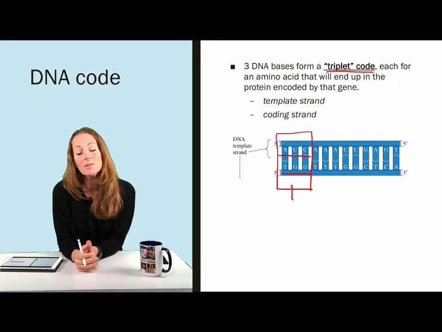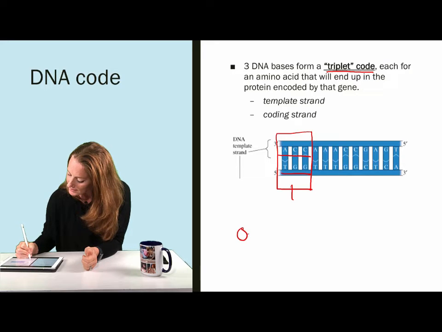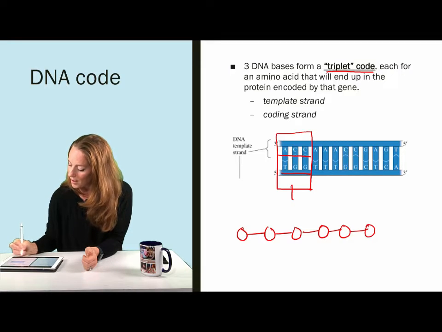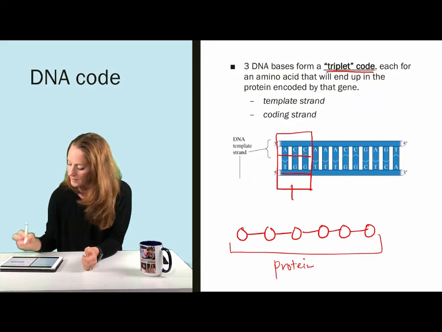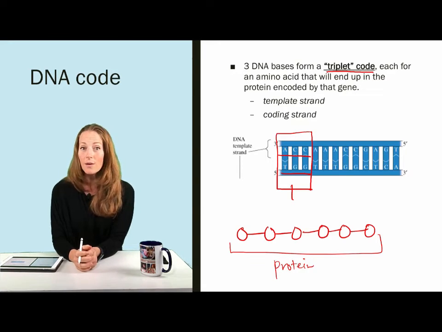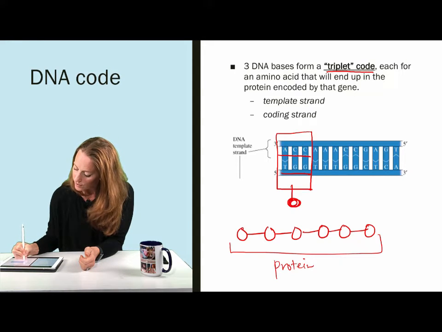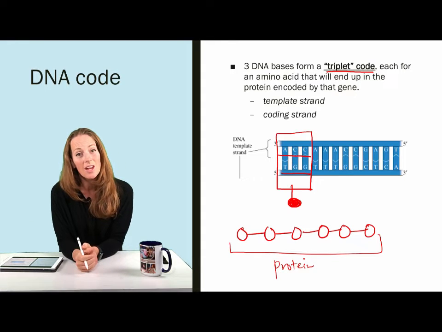Each triplet ultimately encodes an amino acid that will be one amino acid in a long stretch of protein. Remember that amino acids bind together to make peptides. Many amino acids together make a polypeptide and then eventually a protein. So in this triplet code are the letters that form the code for what will ultimately be an amino acid in a protein chain.